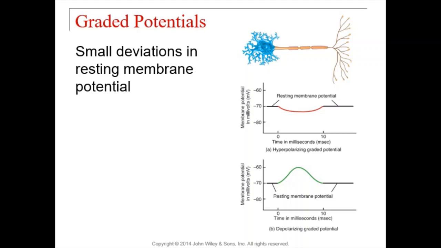This difference is what we call the resting membrane potential. I want you to know, what is the resting membrane potential for a typical neuron? You can see it in the image to the right in the little voltmeter. The average resting membrane potential for your neurons is about negative 70 millivolts.